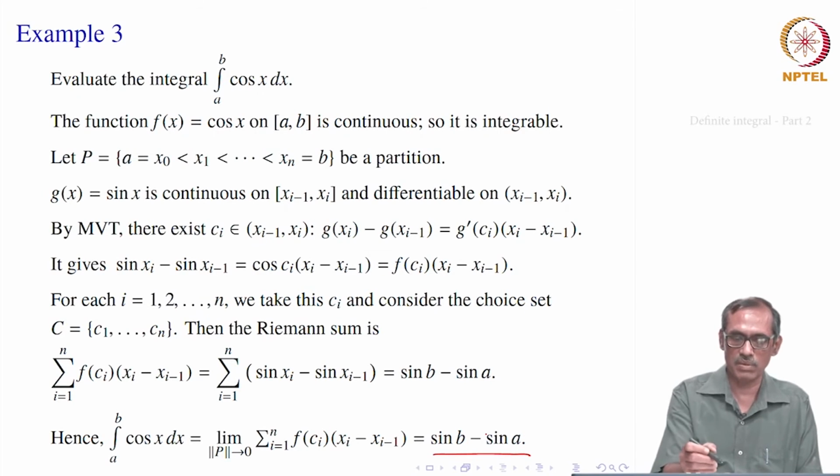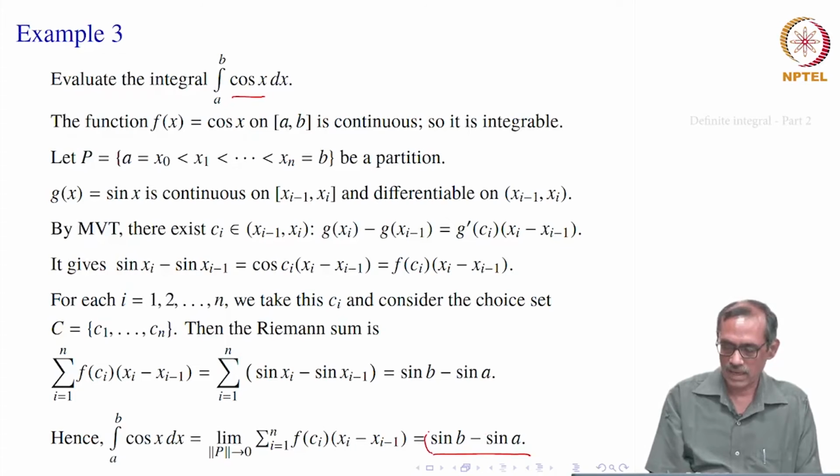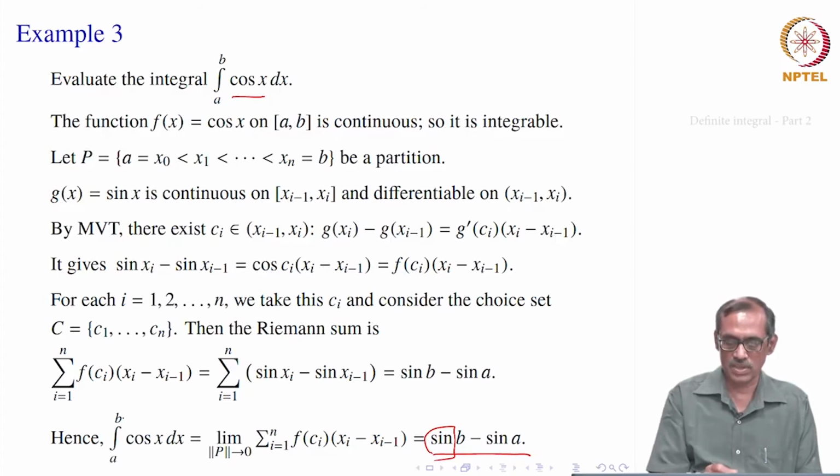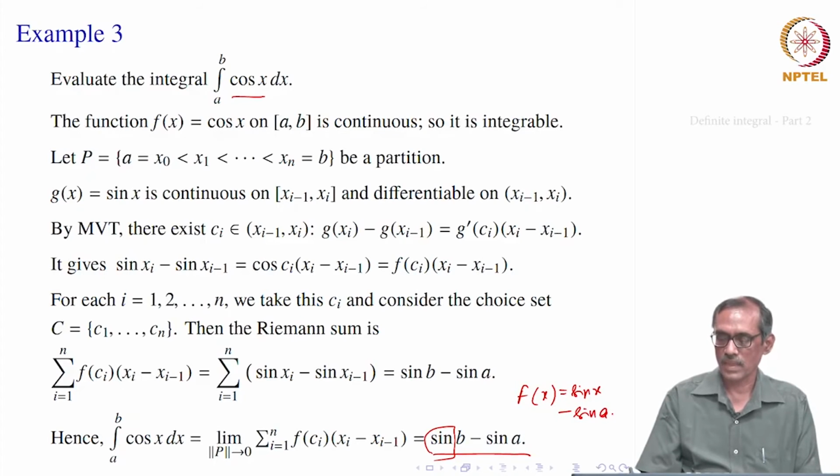Now, you see our question was which function it is, capital F of x, whose derivative will be equal to this small f of x. So, now you see that function should be sin, that is what it says, right. So, specifically in this integral, if b is a variable point now, we would say sin x minus sin a. So, that is our F of x. F of x we can take to be here sin x minus sin a. So, it will really solve our purpose, but up to a constant.